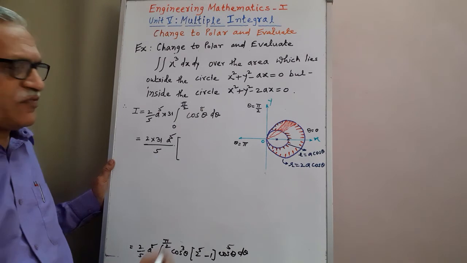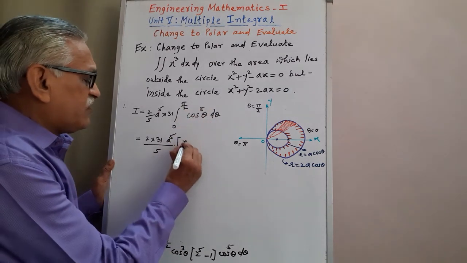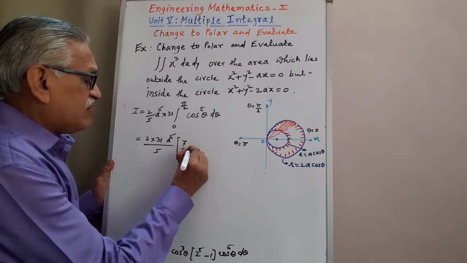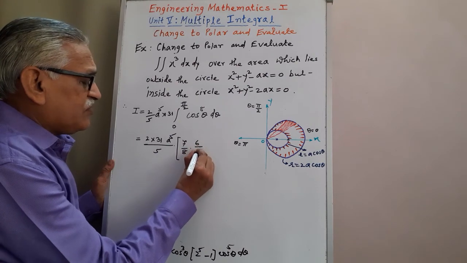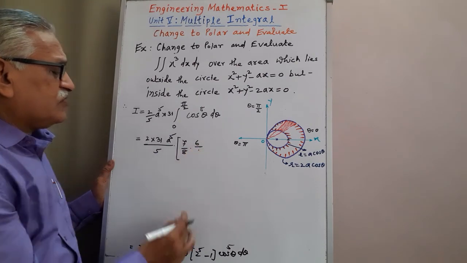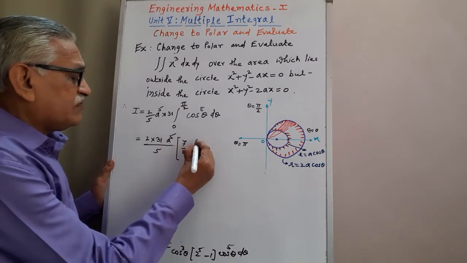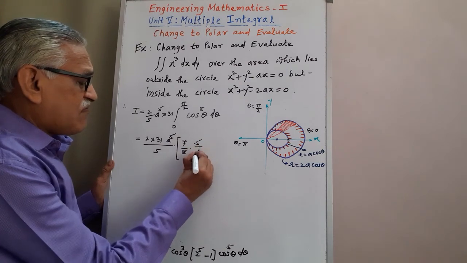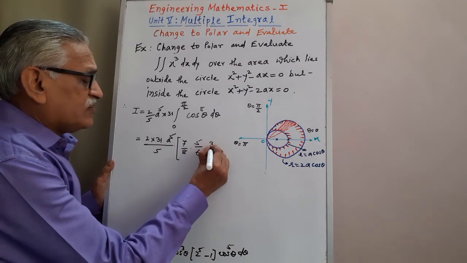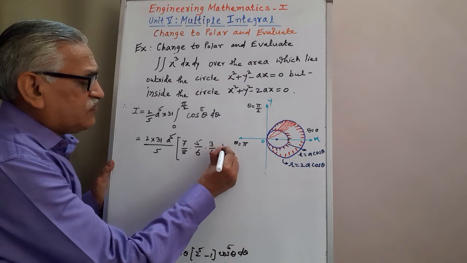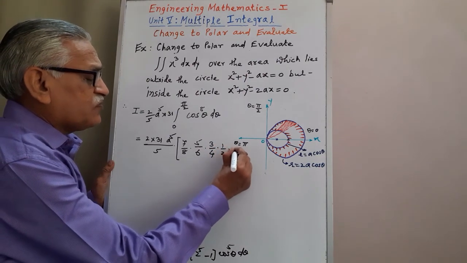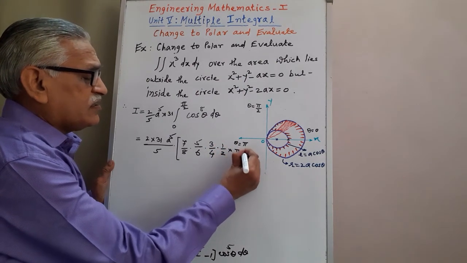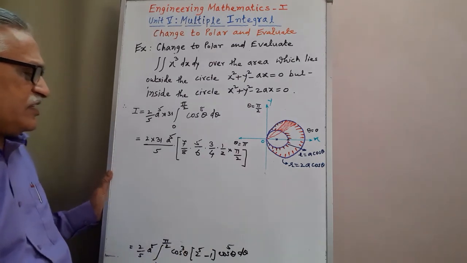Performing integration by reduction formula. 8 minus 1 we get 7 by 8, 6 by 7... 5 by 6, next is 3 by 4, next is 1 by 2 into pi by 2, as the value of n is an even number.